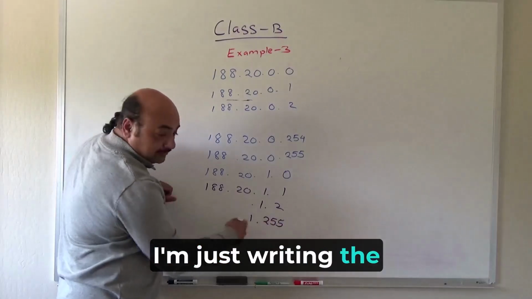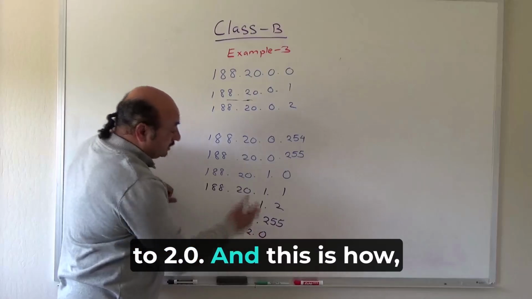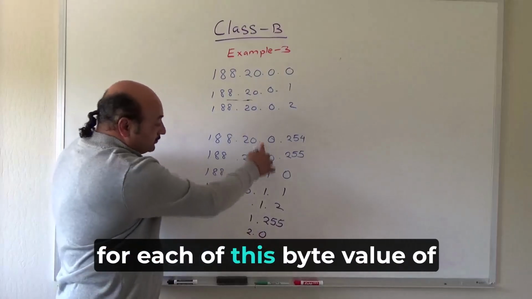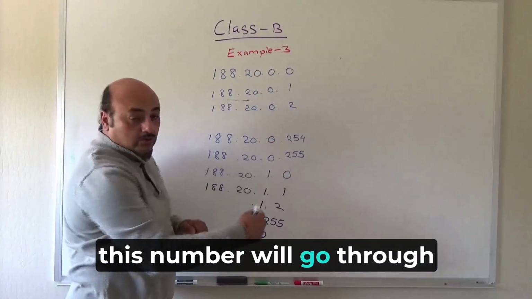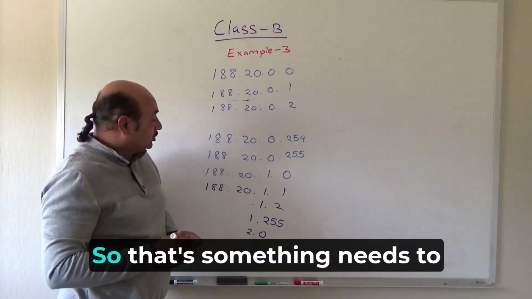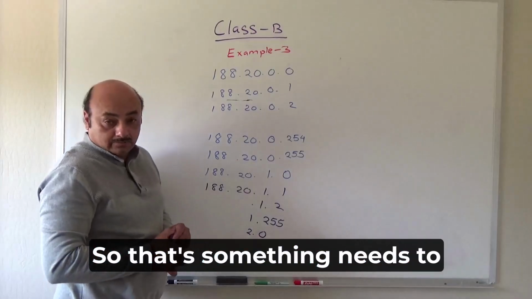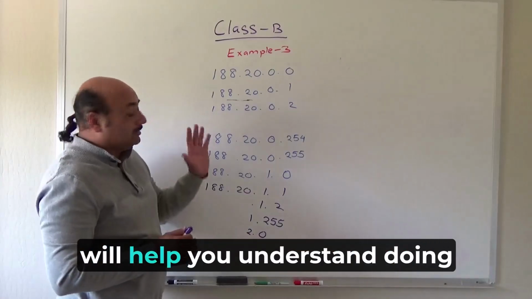I'm just writing the last few octets, and then this will increment to 2.0. This is how, for each value of this third byte, this number will go through the values of 0 to 255. So that needs to be very clear.